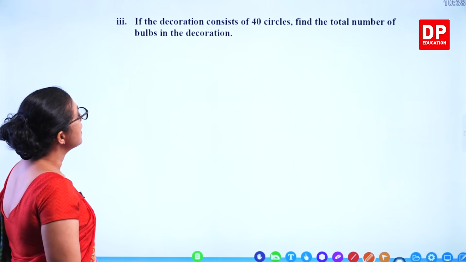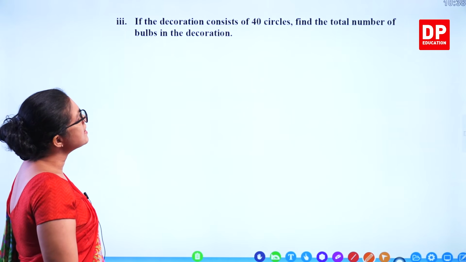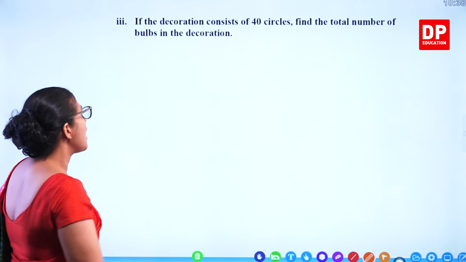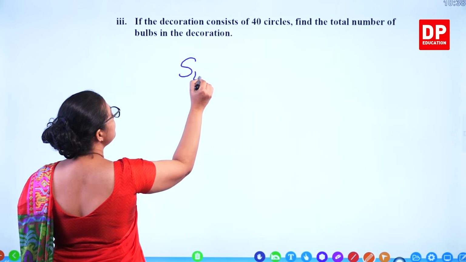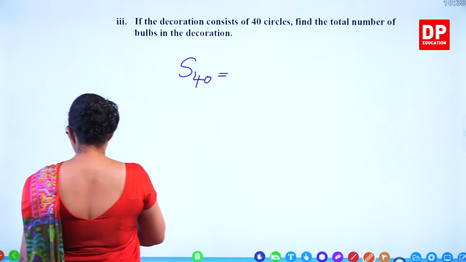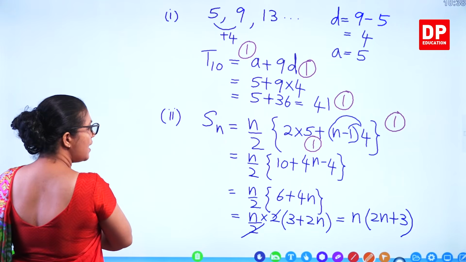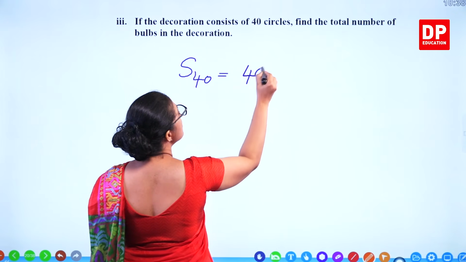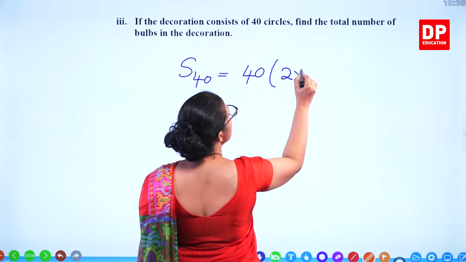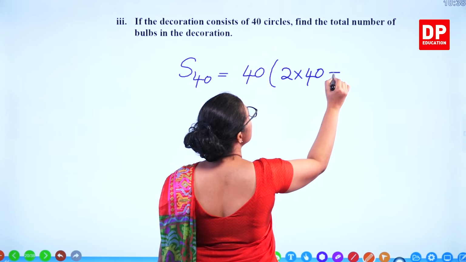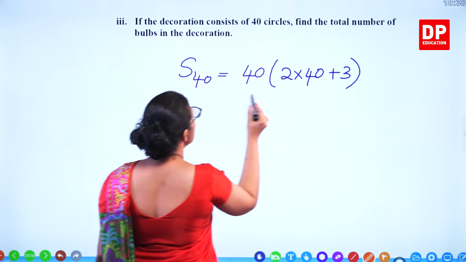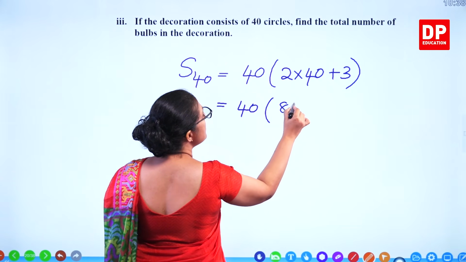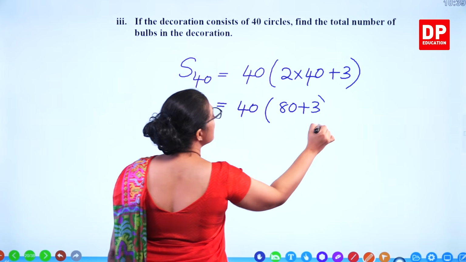Third part, if the decoration consists of 40 circles, find the total number of bulbs in the decoration. So that means S40. We found out the formula n into 2n plus 3. n, that's 40, 2 times 40 plus 3. That's just substitution. Inside you get 80 plus 3.